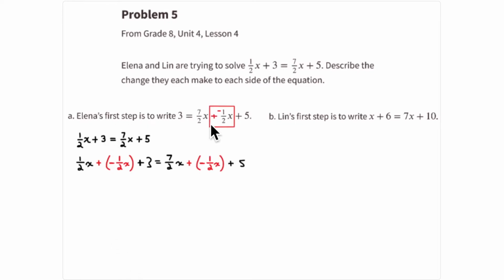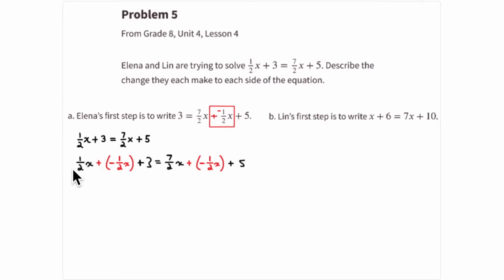And so if you look at what Elena did, she got rid of the 1/2 x right here. So she just has 3 on the left side, and she has subtracting 1/2 x on the right side. Now I added a negative 1/2 x, which is the same thing. So Elena started out with this equation, then she added a negative 1/2 x to both sides.